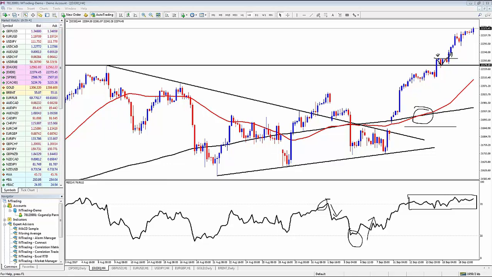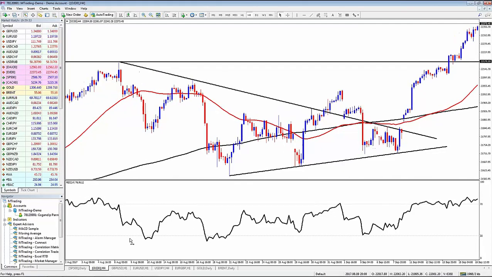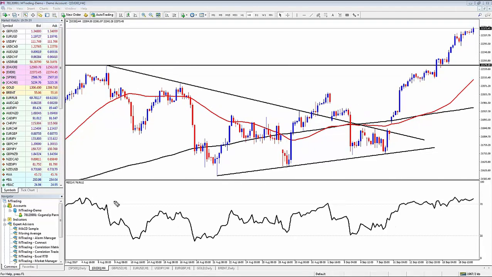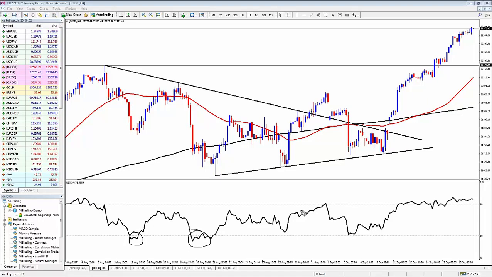But if you're in a market which is trending in one direction, then your signals need to change. If the trend is bullish, then every time it comes back into the oversold zone, you look to buy. Again, you look to buy. Again, when it comes to this area, you're looking to buy.